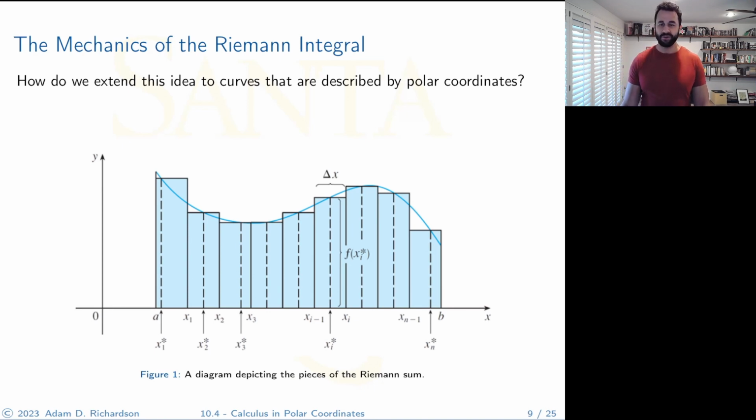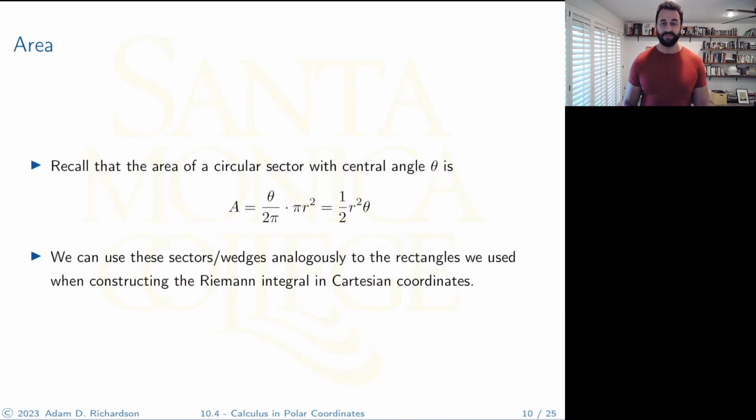All right, so this construction is very beautiful, so I hope you appreciate it. Here's how we do it. Remember that the area of a circular sector with central angle theta is given by this formula right here. This is a formula that you learn in pre-calculus or trigonometry. It's just the area of a circular sector, or the area of a wedge.